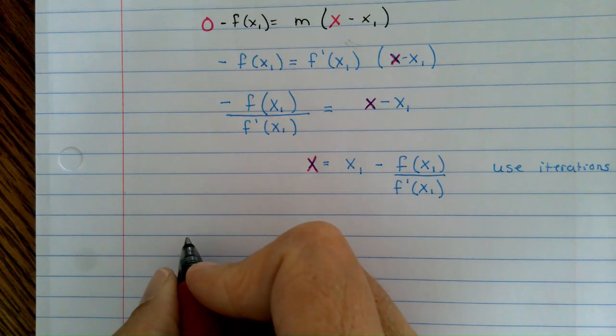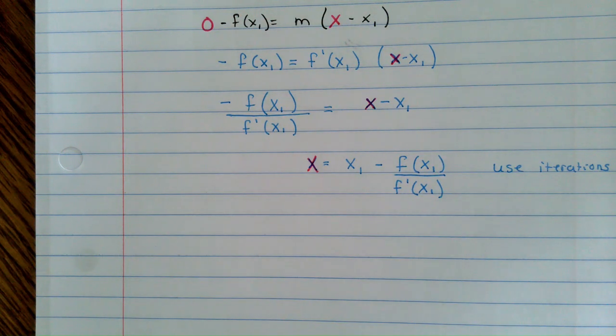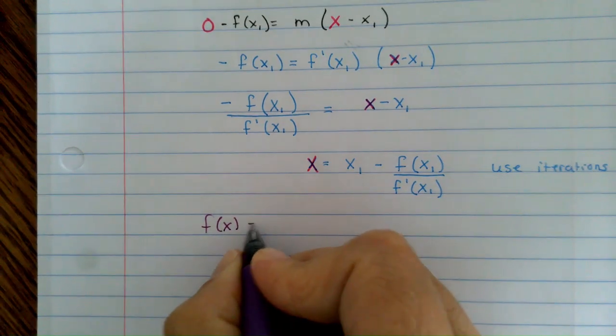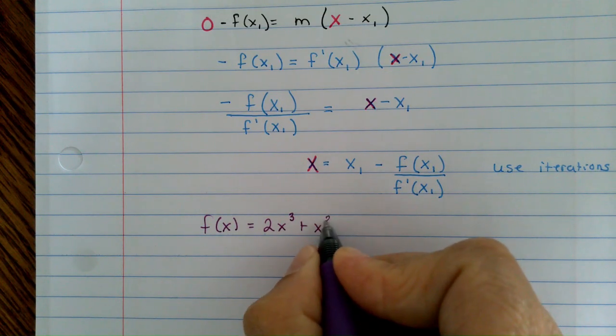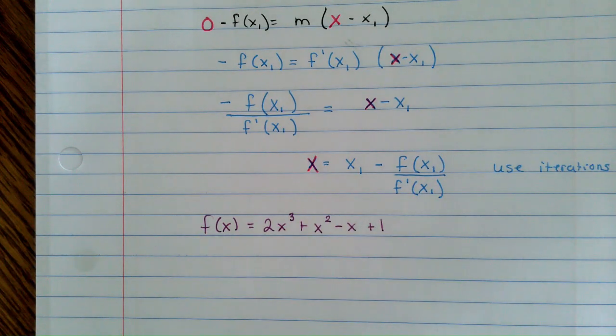So let's just go ahead and get an equation going here. f of x equals 2x to the third plus x squared minus x plus 1. Okay.